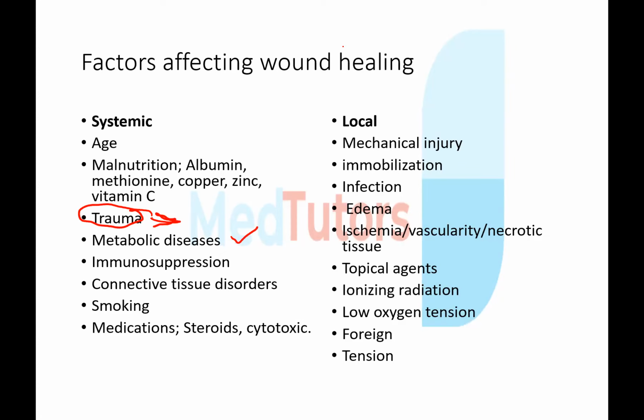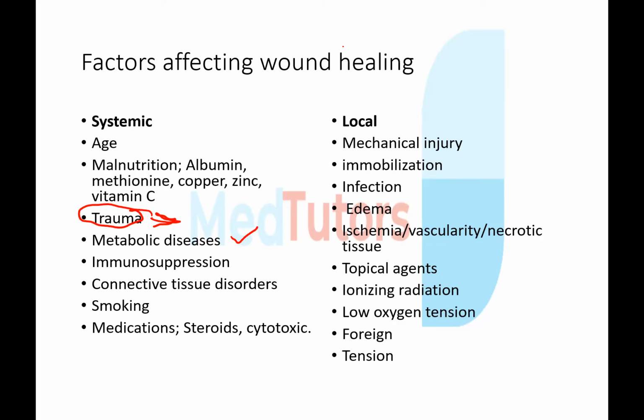Other systemic diseases like uremia will impair wound healing, okay? Because uremia impair platelet aggregation and so many other metabolic processes. Jaundice, liver cirrhosis, as well as malignancies. All these are immunosuppressive conditions. They affect wound healing, or they may have some metabolic aspect that are impairing the healing of wound.